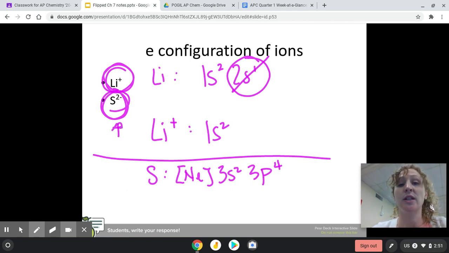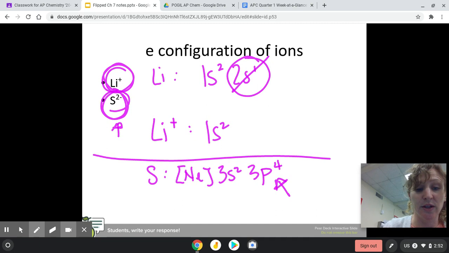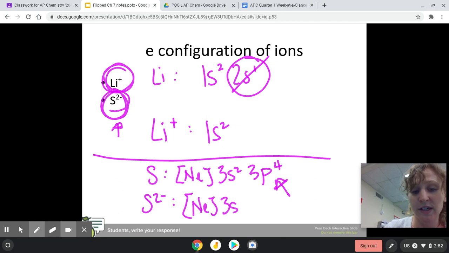That means it's going to have 2 extra electrons, and those extra electrons are going to fill in just like normal electrons will to fill the lowest energy state possible. So those 2 extra electrons are going to go into the 3p subshell. So sulfide's electron configuration will just have 2 extra electrons, like that.